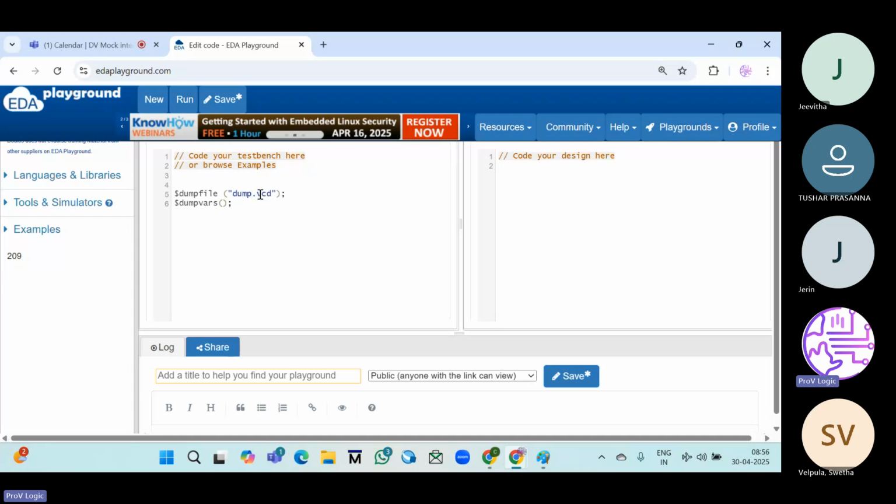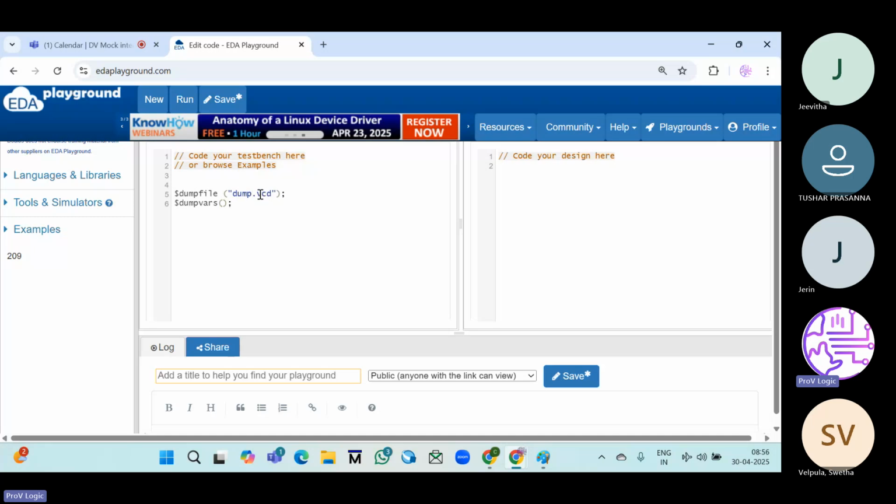Dump.vcd means we directly dump all the variables into the waveform. In the waveform, you need to check according to the requirement, what variables are required. Based on that, we compile and check all the corner case scenarios using the dump file.